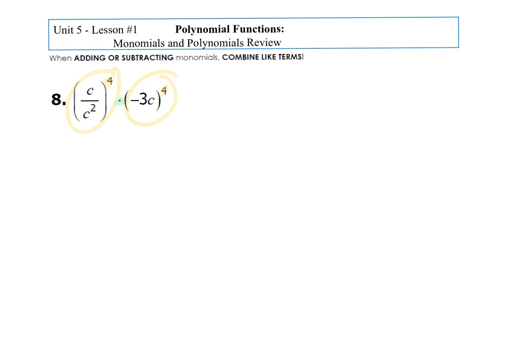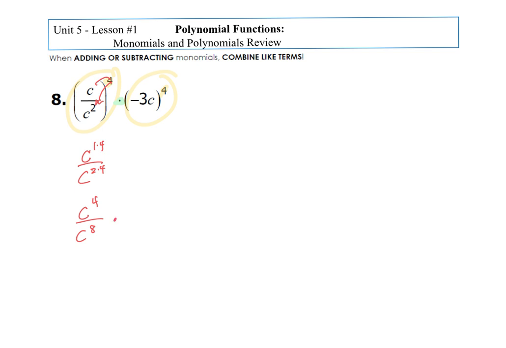So the power rule, that's what we circled here in yellow, means that we have to do this 4. It needs to go inside to the c, and it has to be multiplied to the denominator's c squared. So for the numerator, we have c to the 1 times 4 over c to the 2 times 4, and that would make us have c to the 4th over c to the 8th.